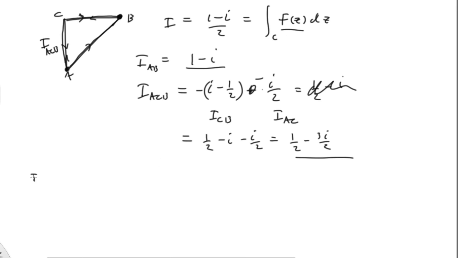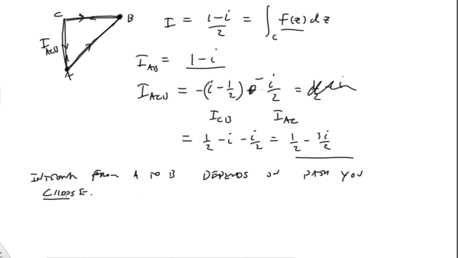So we say the integral from A to B depends on the path you choose. It will turn out there are some very important functions out there that are independent of path. But we'll cover those in another video. So thank you very much.